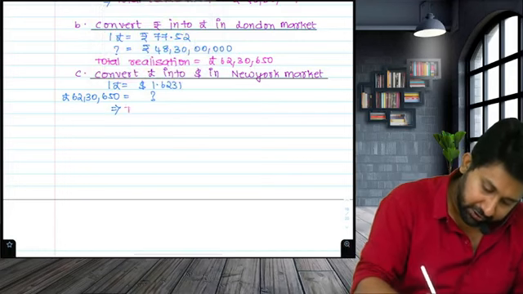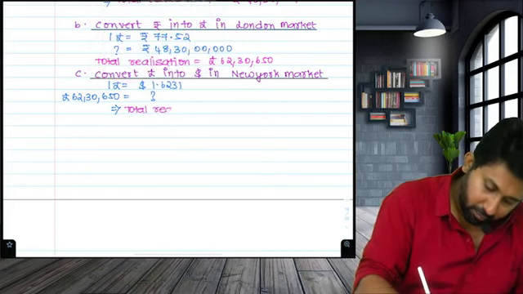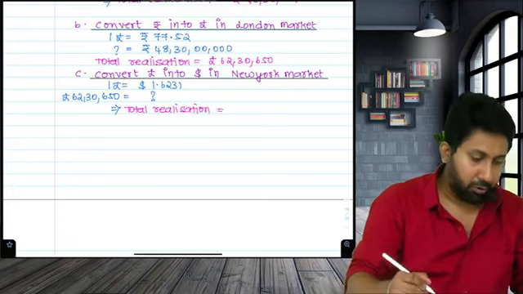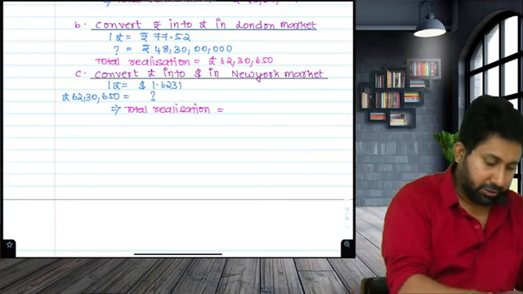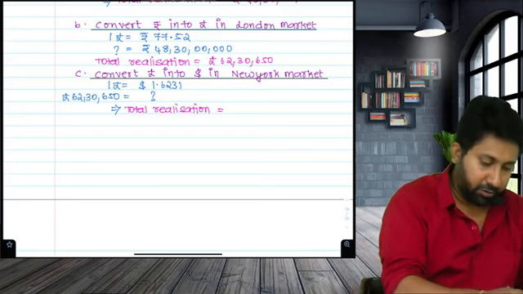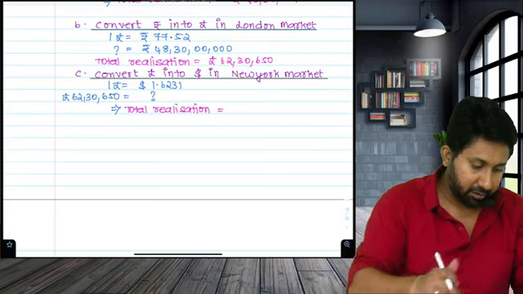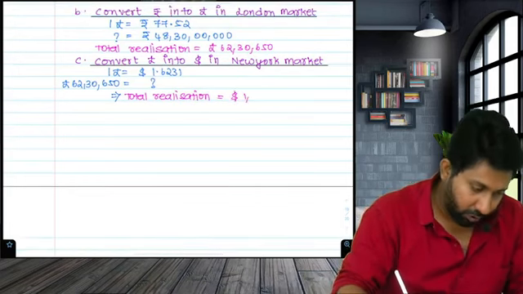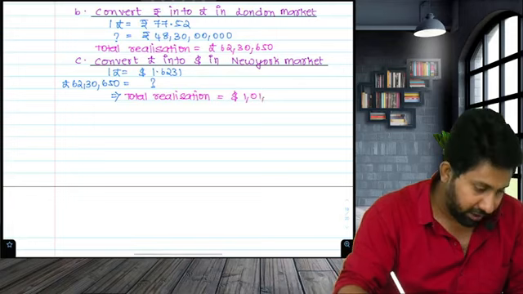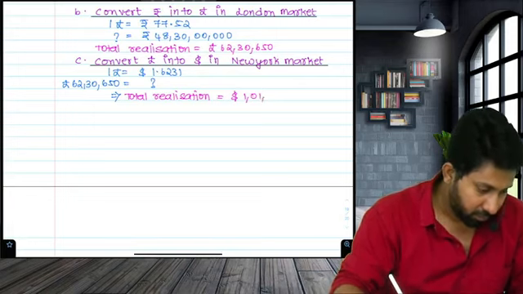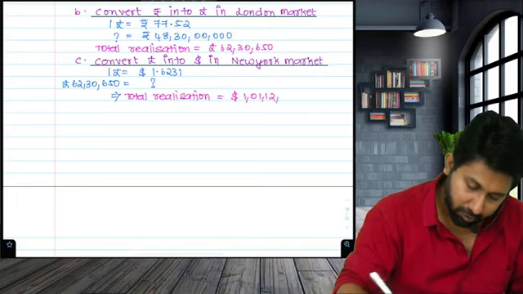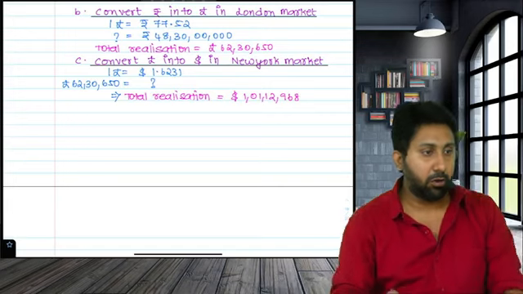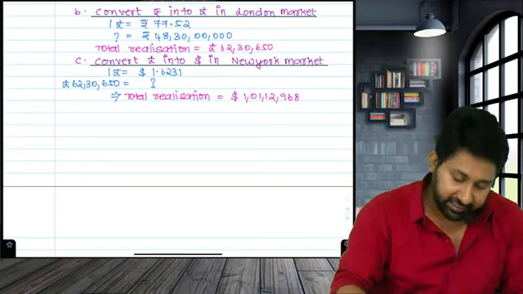So total realization equals 62,30,650 into 1.6231, which is dollars 1 crore, 1 lakh, 12,968.